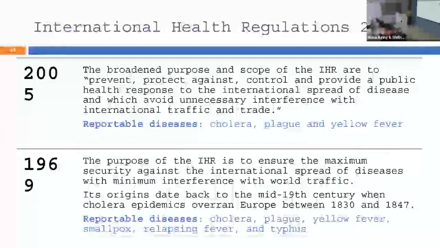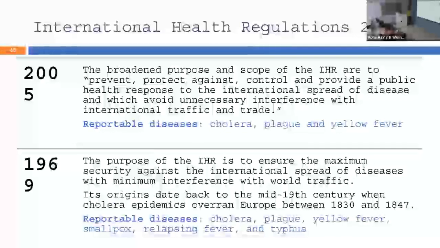So the 1969 International Health Regulation, I put it here, and it's not in the previous slide set. It was updated because you get asked all the time, what are the reportable diseases under the International Health Regulations?